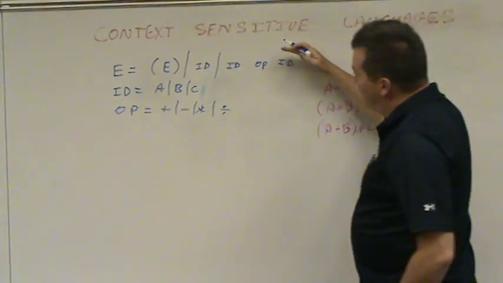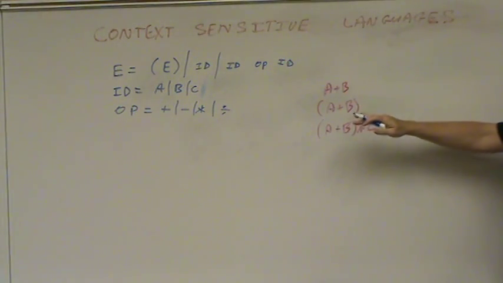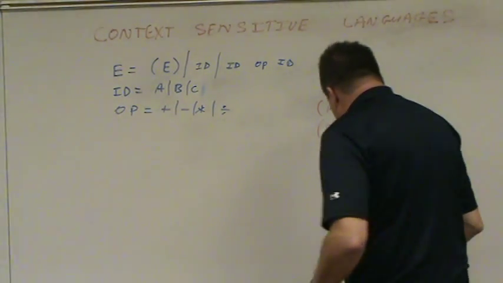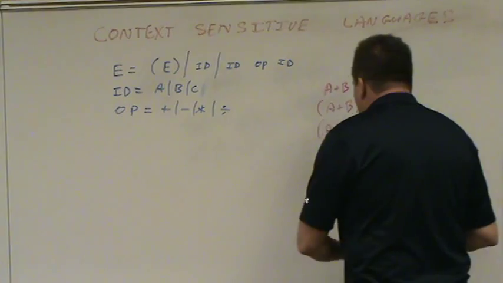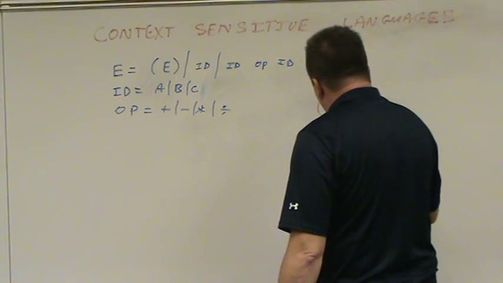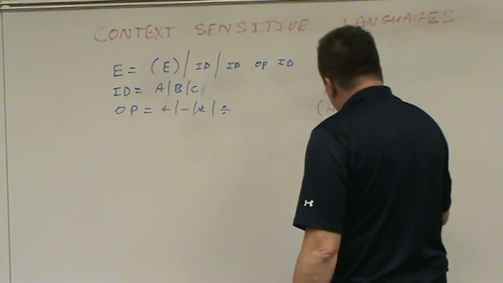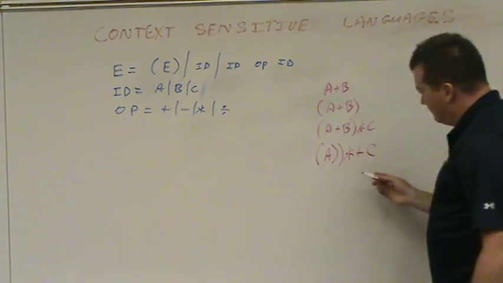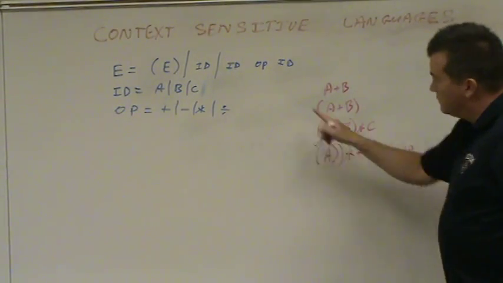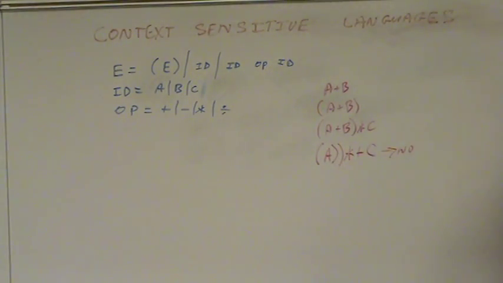And now we've just defined a grammar for all different types of expressions. We wouldn't want to accept an expression like this: open paren A, closed paren, times, plus C. This would be nonsense to us. This we would answer no, because it doesn't meet that grammar.